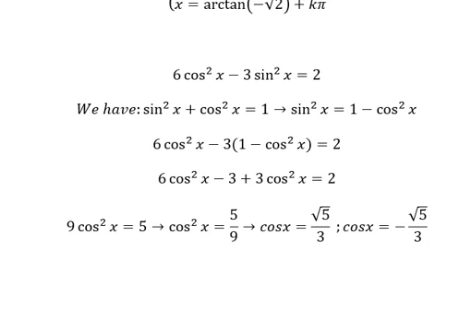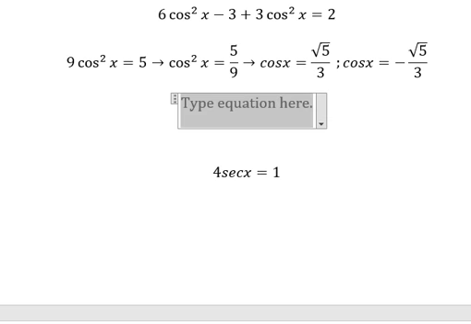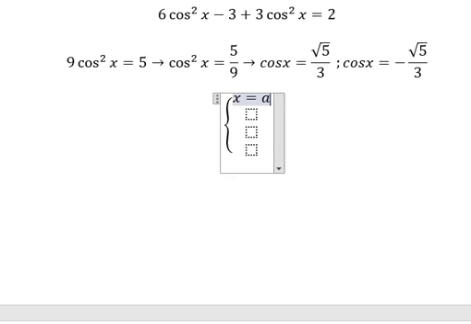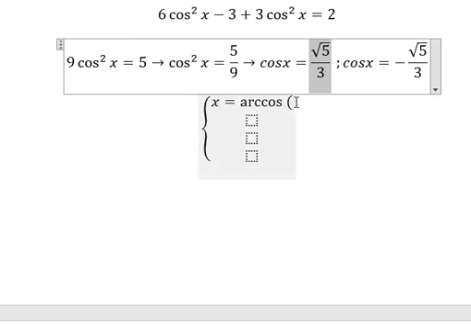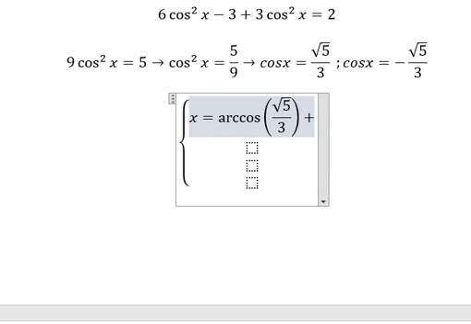So we have 4 solutions in here. So we got x equal to arccos of this one. And we have k 2 pi.